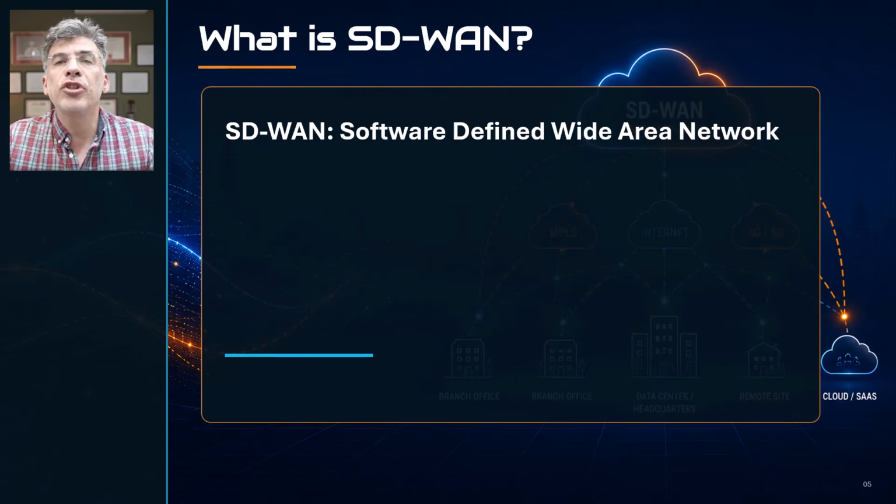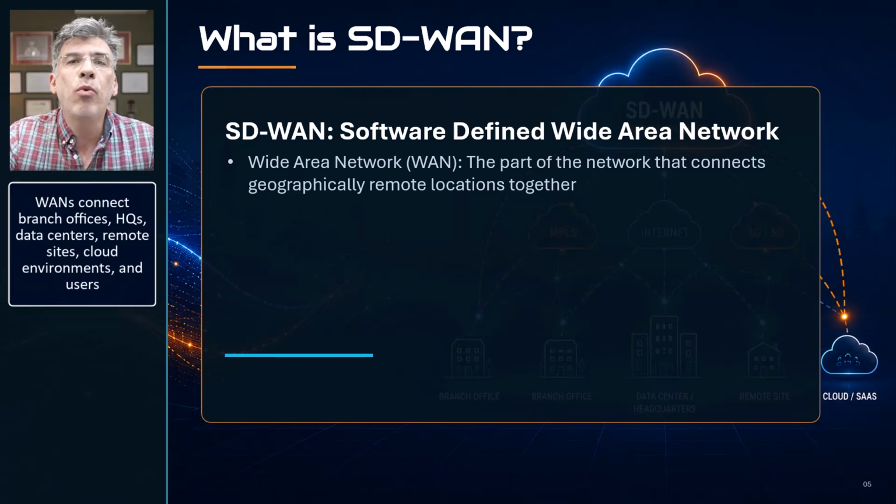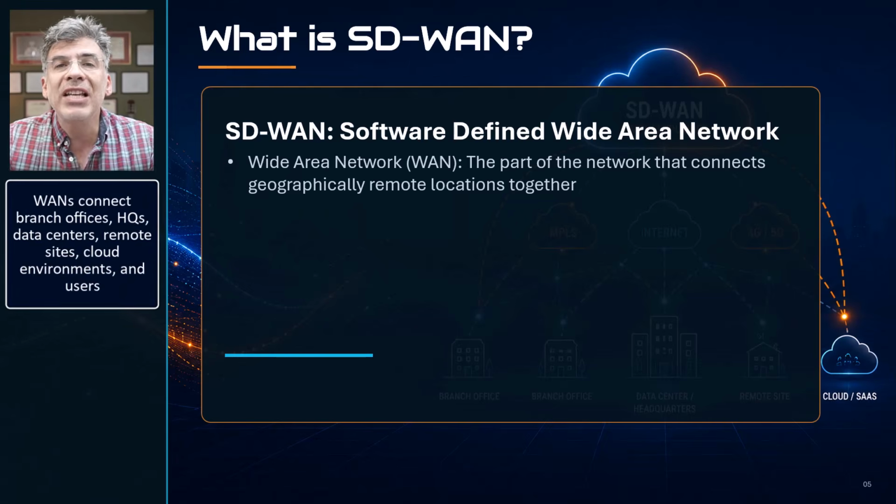Let's start with the name. SD-WAN stands for Software-Defined Wide Area Network. The WAN, or Wide Area Network, is the part of the network that connects locations together. For example, it connects branch offices, headquarters, data centers, remote sites, cloud environments, and sometimes users.